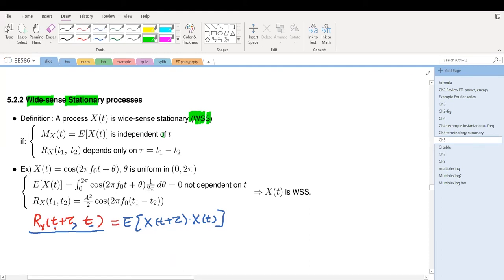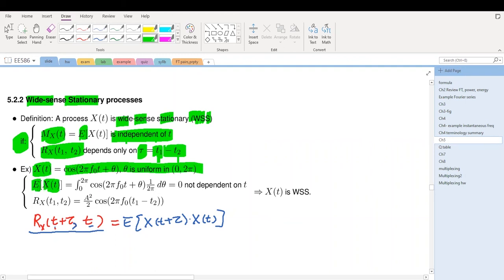It follows a definition with two conditions. One, the mean of this random process is not a function of t; it is independent of t. And second, the autocorrelation only depends on t1 minus t2. We call it tau.